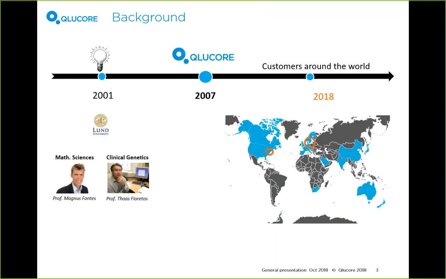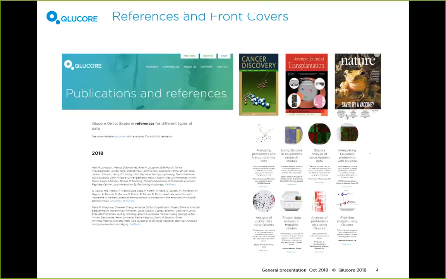And don't just take my word for that, by the way, because the success story is backed up with quite a bit of evidence. We've got a few hundred references by now that quote our software as one of the sources for academic papers.